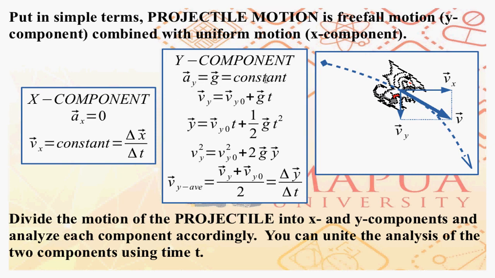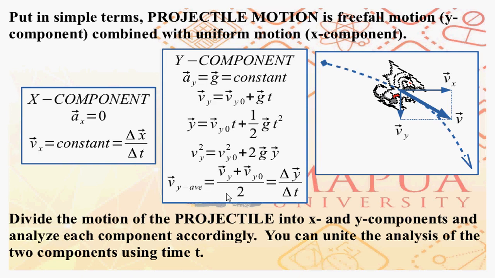Acceleration along the y-axis is just equal to acceleration due to gravity, which is constant for any location. And again, the default situation for this course is a location on or near the surface of the Earth, where vector g is equal to negative 9.8 meters per second squared. And freefall motion is uniform acceleration.